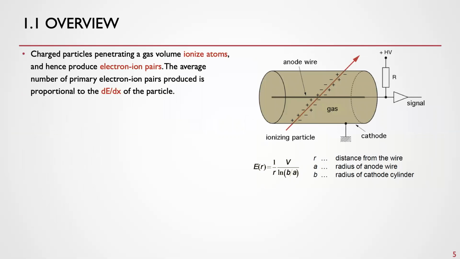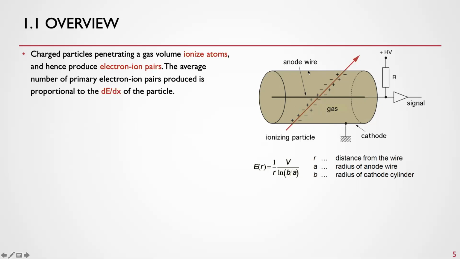The defining feature is that somewhere there's a gas and a particle is going through, and we can think of a muon. It's not important what it really is, but we think of a muon, and this ionizing particle causes a primary ionization according to the Bethe-Bloch equation along its track.